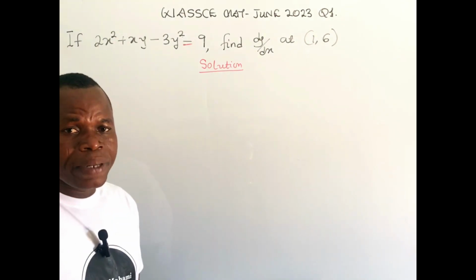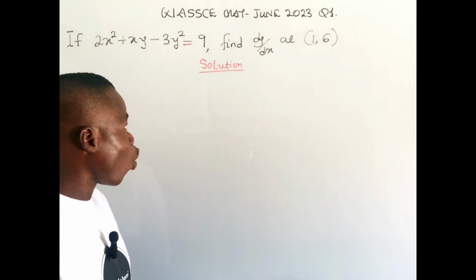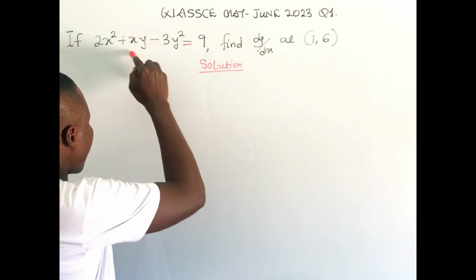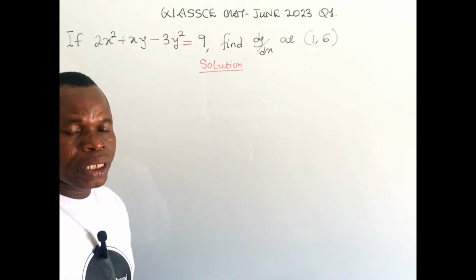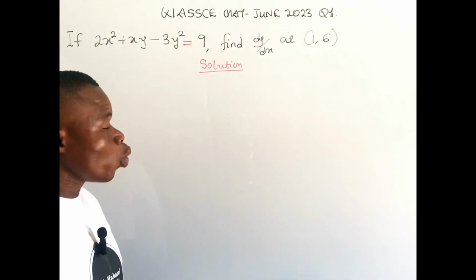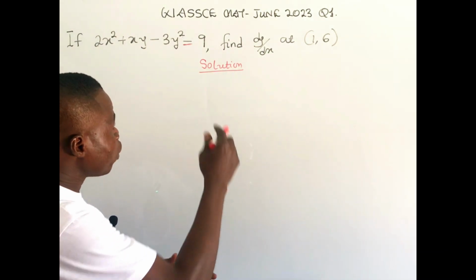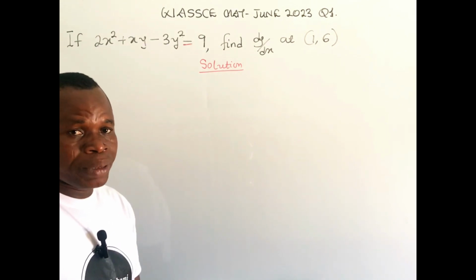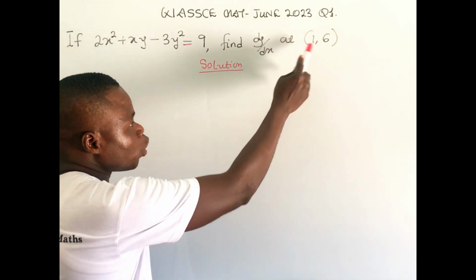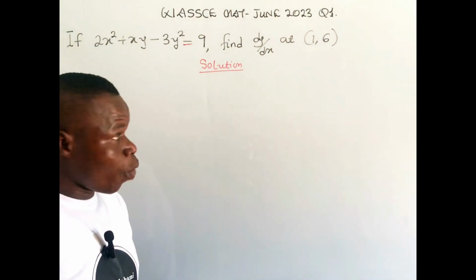We are using implicit differentiation rules because x and y are bonded together here. So you have to differentiate it by using implicit differentiation so that you gather dy dx one side and make dy dx the subject. After that, you then substitute the coordinates of x and y.